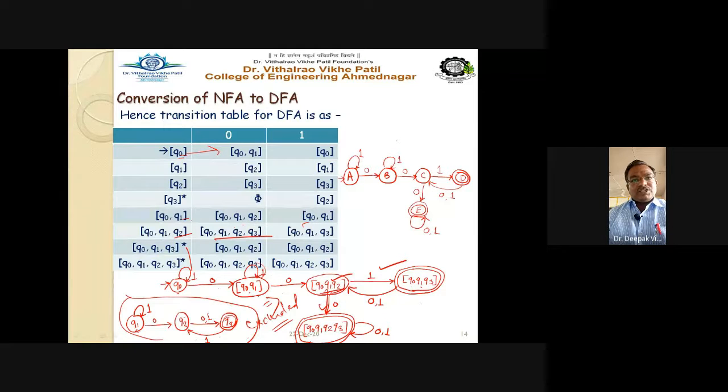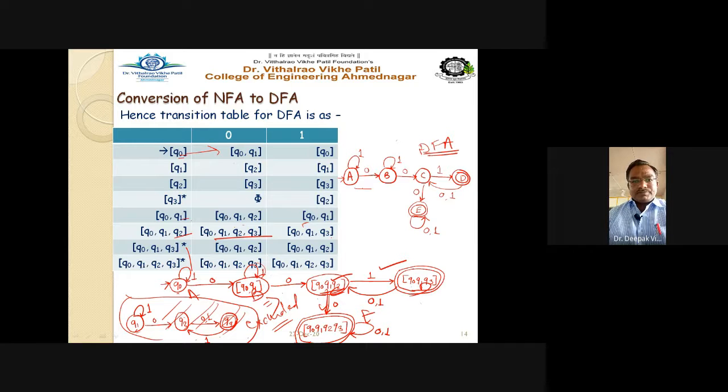That's why this portion is excluded. So for the final DFA, just name the states capital A, B, C, D and E, and draw the transitions, and you will get the resultant deterministic finite automata.